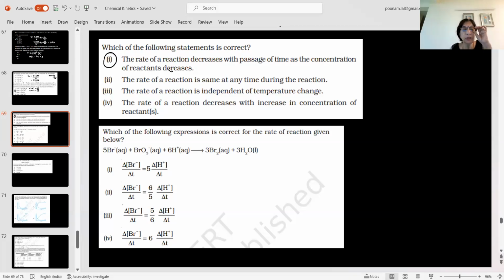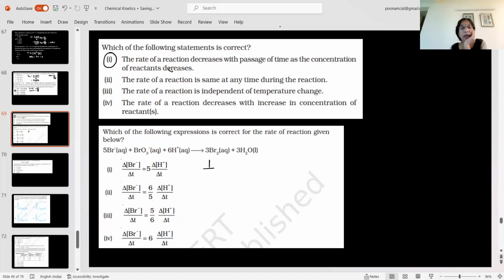So, which is the correct expression? See, what you should write here is 1 by 5. It is a comparison of Br minus and H plus.